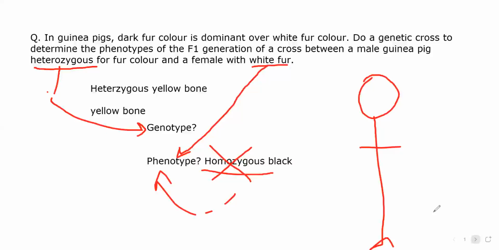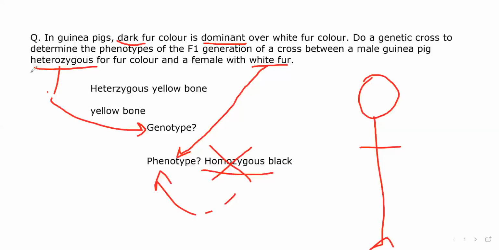Now, in our previous video, we saw how to decide on what letters to use. My word of interest here is dark, because they said it is the one which is dominant over white. So I asked myself, how do I spell dark?